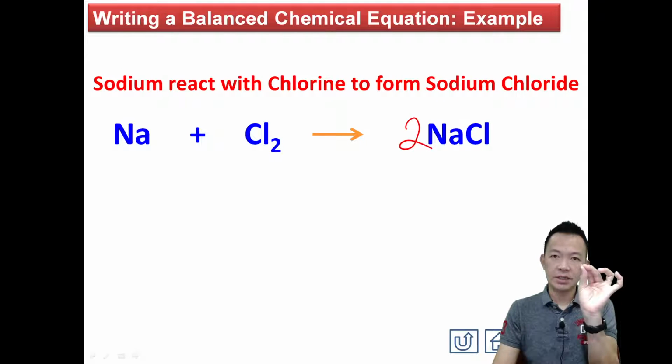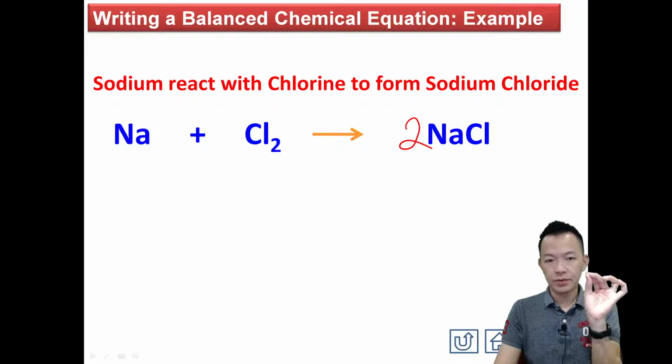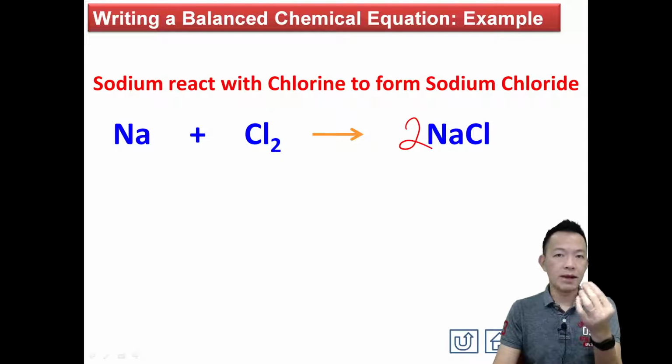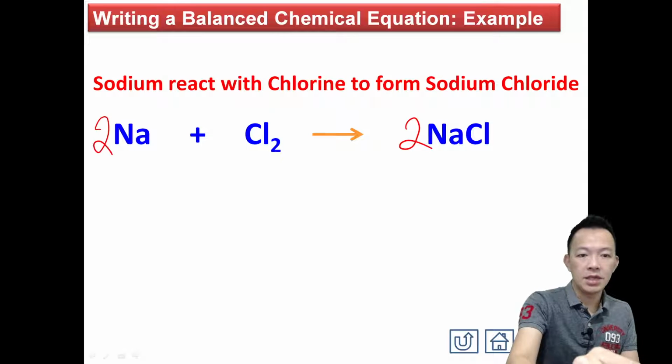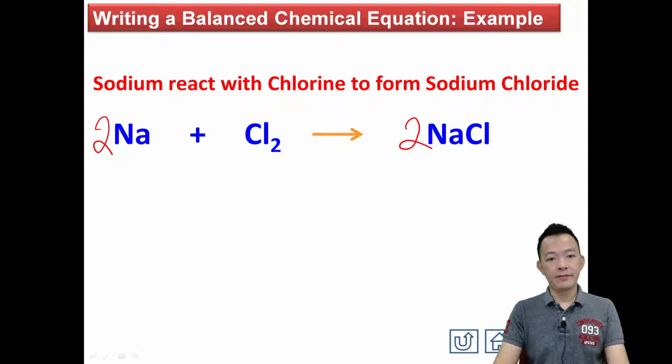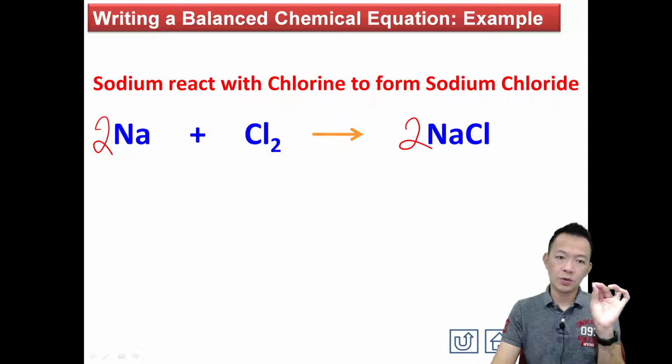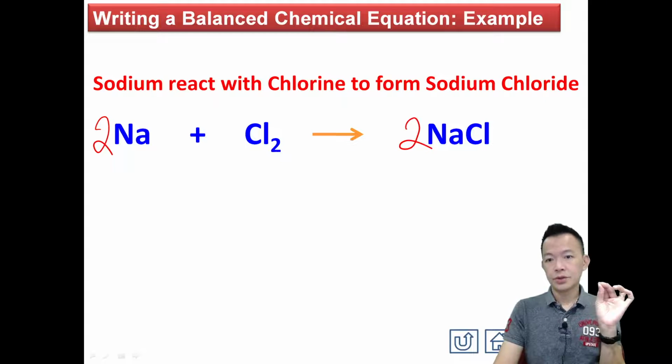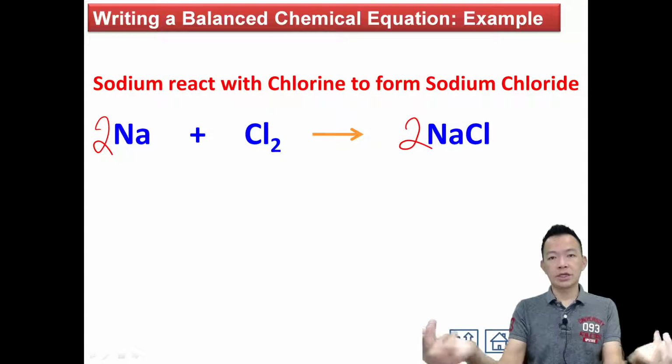Chemical formula 的前面加一个 number. So 2 chlorine. But when you multiply 2 for the sodium chloride, the sodium will be affected. So 2 sodium, okay, and you have to make the sodium balance. 2 sodium. Finally, I check: 2 sodium, 2 chlorine. Okay, chemical equation become balanced.